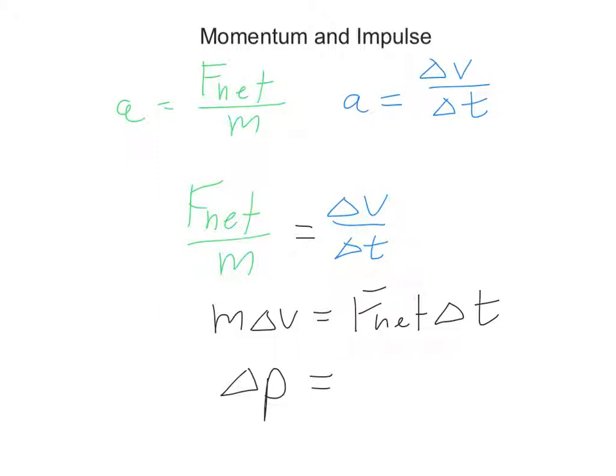And when the momentum of a system changes, it'll be equal to whatever force is acting on it multiplied by how much time it is acting for. And this part right here is what we call impulse.